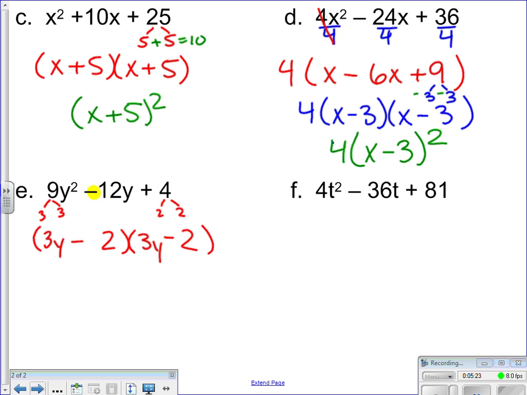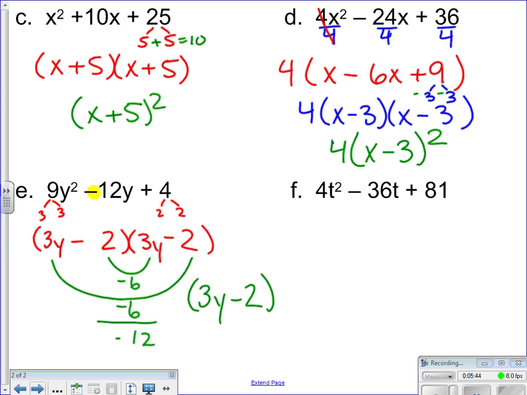But if you check the inside and the outside, 3 times 2 is negative 6. 3 times 2 is negative 6. And you know what two negative 6's make? Negative 12. So it does work. But remember, only write it once with a squared.